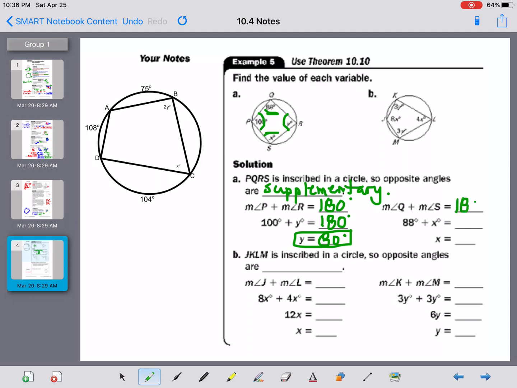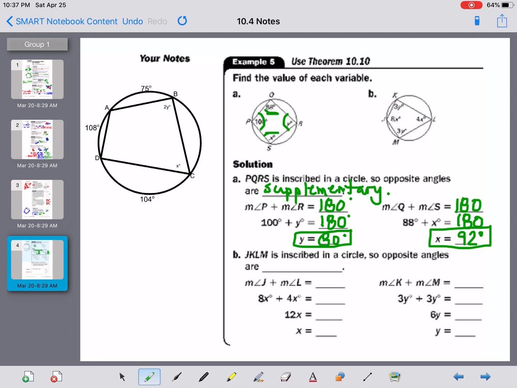Subtract 88 from 180, and I know that X equals 92. Quick, easy rule if you remember it. If you don't, you might stare at that for a long time and not know what to do. So make sure we remember that rule.